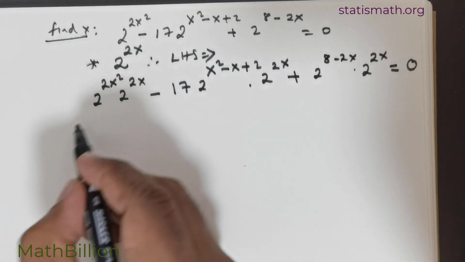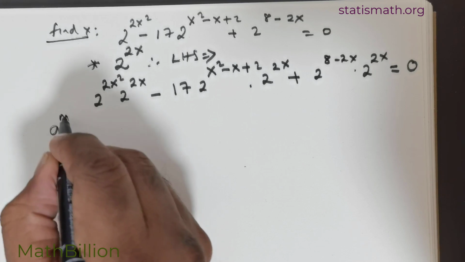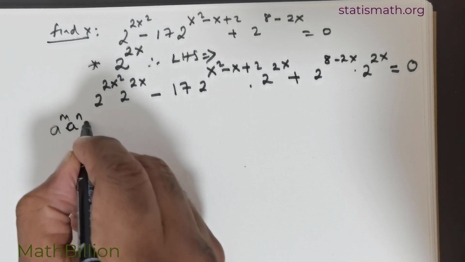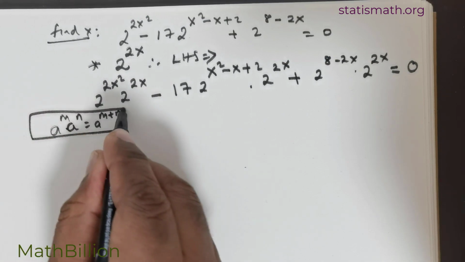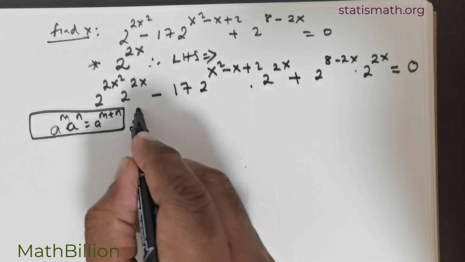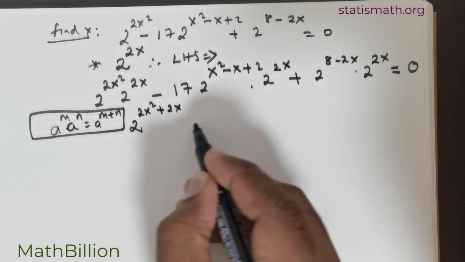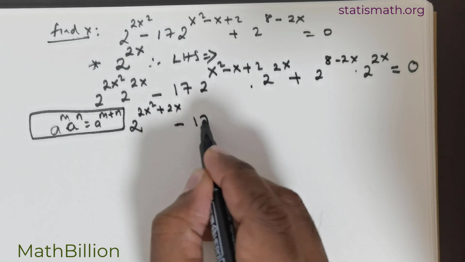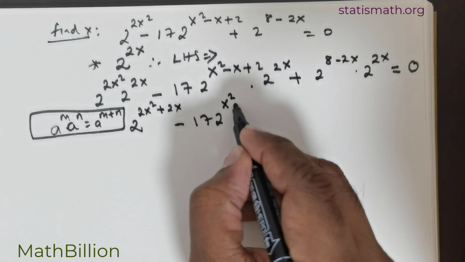Now we would like to use this law of exponents: a^m multiplied with a^n is equal to a^(m + n). So if I use this, it is rewritten as 2^(2x² + 2x) minus 17 times 2^(x²).